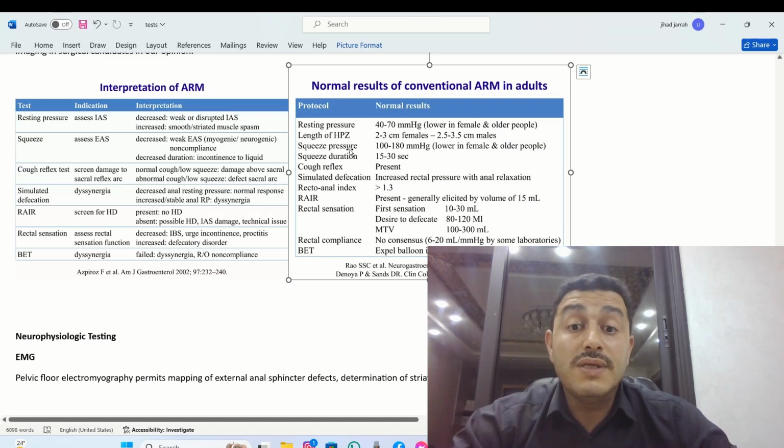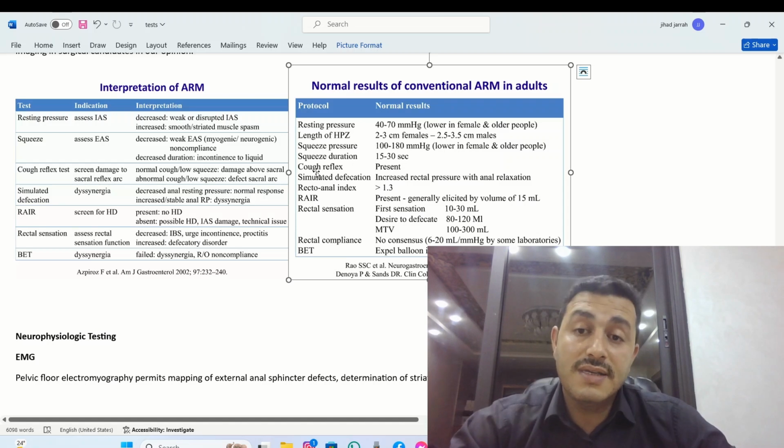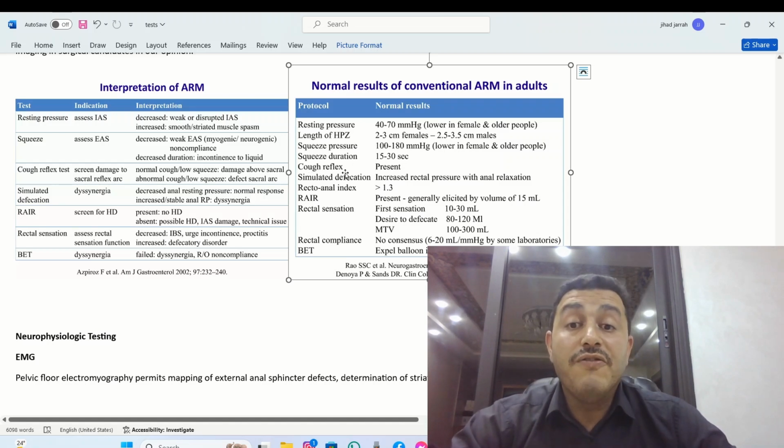Squeeze pressure 100 to 180. Squeeze duration 15 to 30 seconds, and then the external anal sphincter will get fatigued and tired. Cuff reflex should be present.